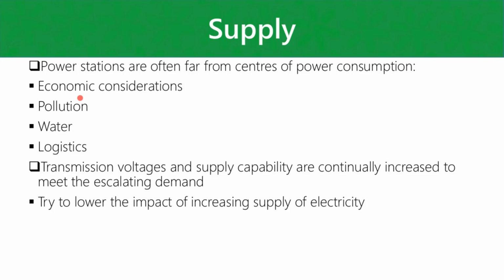And then water. If you go look at how a power station functions, especially coal power stations and nuclear power stations, they still need water. They basically use water to make steam. In the case of a coal-fired power station, by burning the coal, you heat the water up till it becomes superheated steam, and that steam is then used to drive turbines.